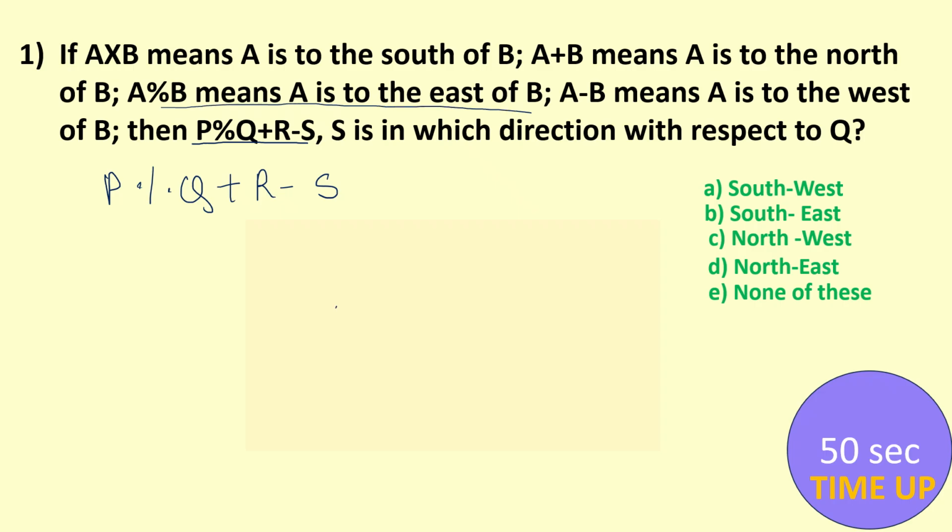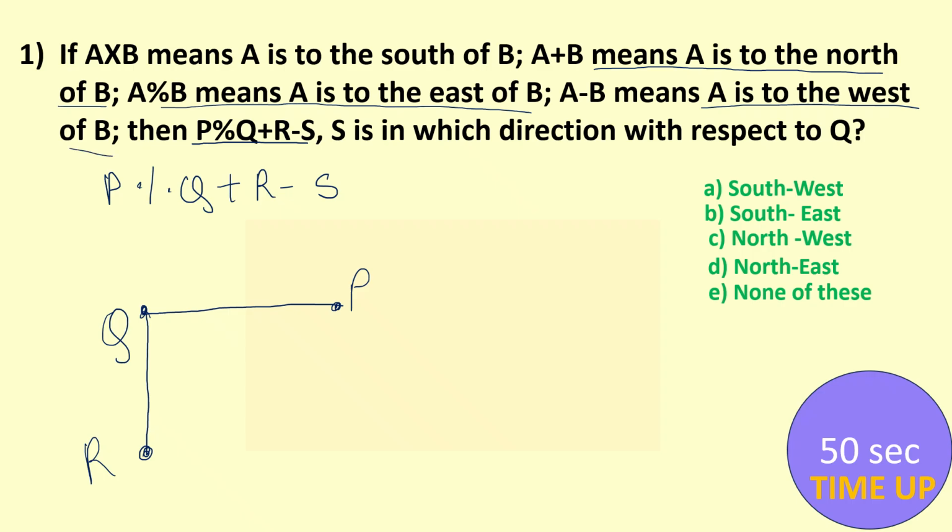So P is here, P is to the east of Q. Next, Q plus R means Q is to the north of R. Then R minus S means R is to the west of S.